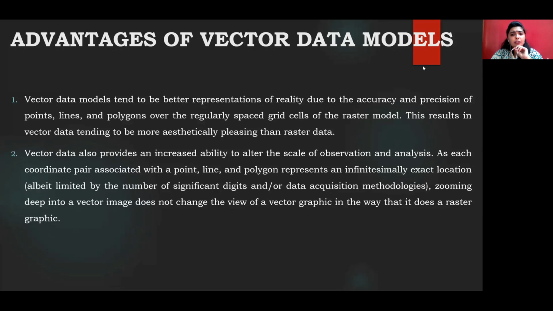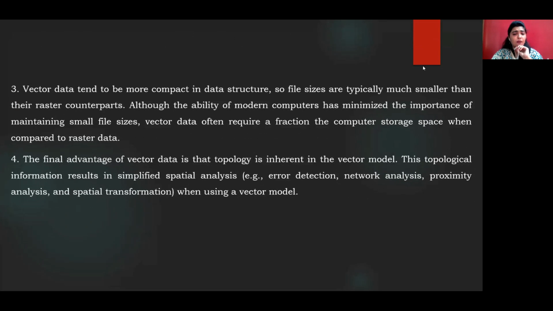Zooming deep into the vector layer does not change the view, and this makes it easier to visualize and understand the area rather than the raster ones. The raster ones, the more you zoom in, the more blurred it becomes and difficult to understand. Vector data also tends to be more compact in terms of the data structure, so file sizes are typically smaller than that of the raster ones.